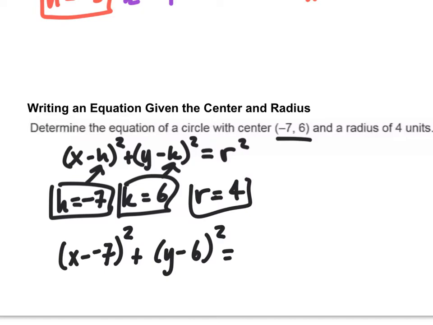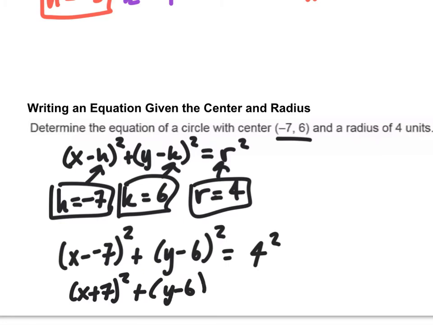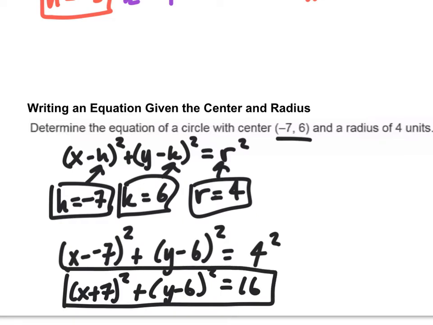Okay, so I'm going to take this value here, plug it in for r, and I get 4 squared. Okay, now let's simplify this. If I take x minus -7, I'm really going to get x plus 7 quantity squared plus y minus 6 quantity squared, and that's equal to 16.